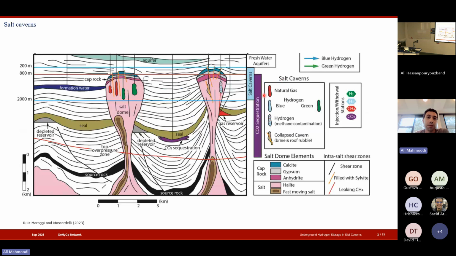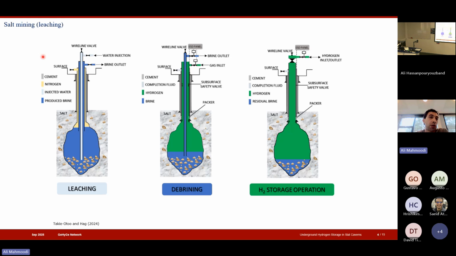Where do we make these salt caverns? Usually there are salt formations in the form of salt domes, and we create these large cavities within these salt domes, and we call them salt caverns. How we create them is called leaching.